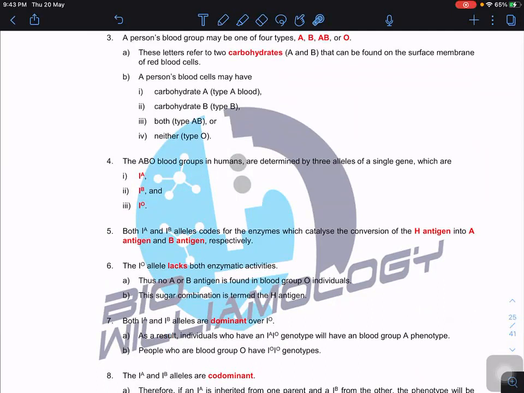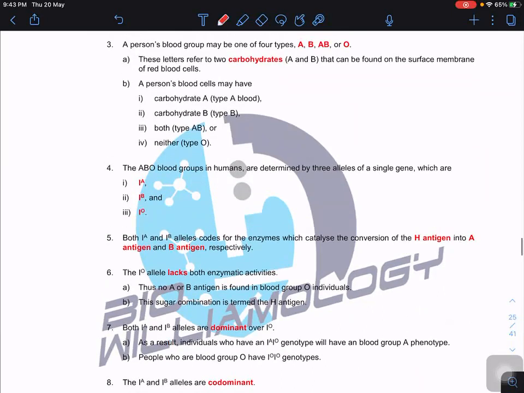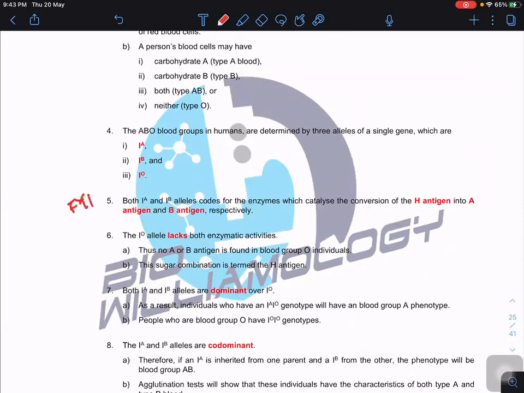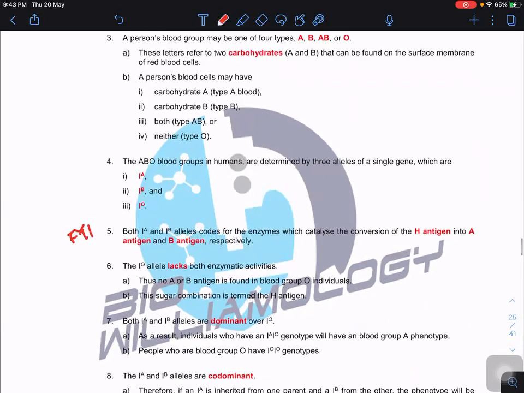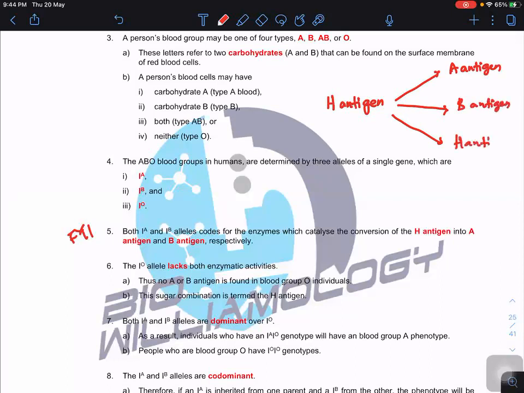What actually functions here is, this is extra information for you, for information only. We do have an original H antigen. H antigens can be converted to A antigen, B antigen, or remain as H antigen based on what kind of allele we have.